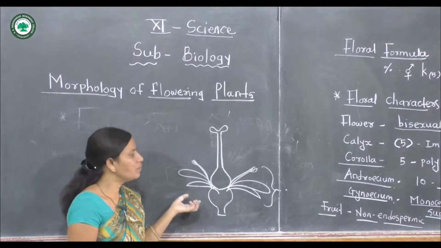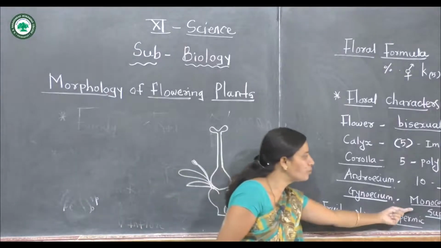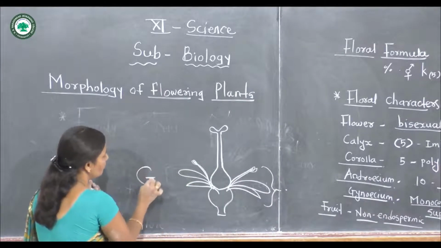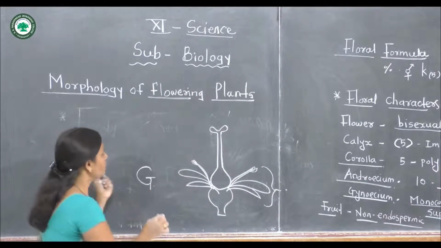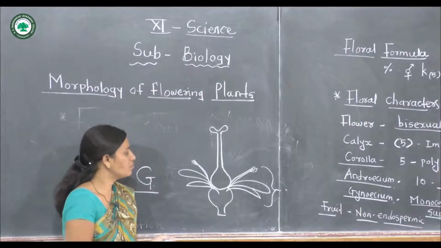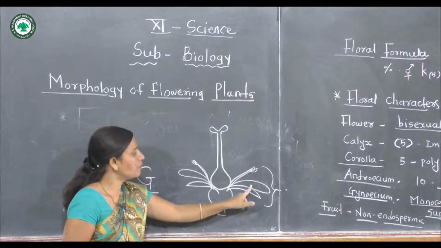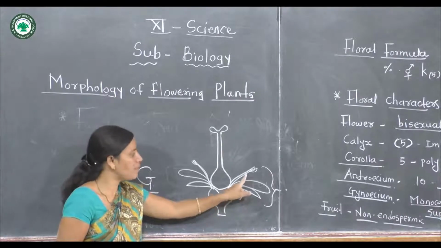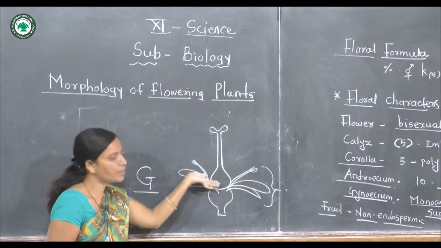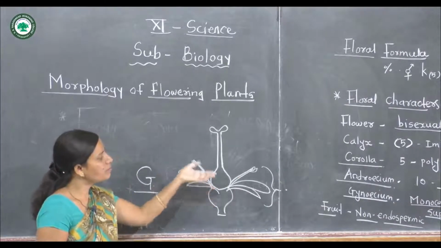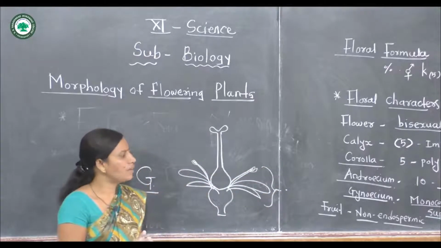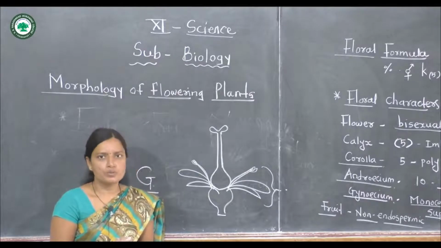This type of arrangement is called the superior type of ovary. This condition is present in pea flowers: the calyx or sepals, petals and androecium, like the stamens, are below the ovary, and the ovary is above. This arrangement is present in the Fabaceae family, the pea flower.